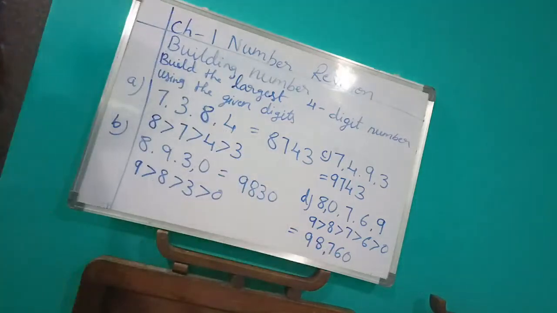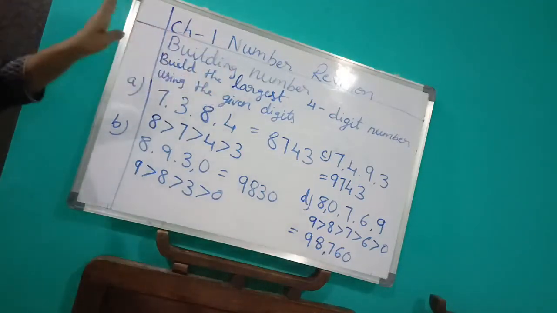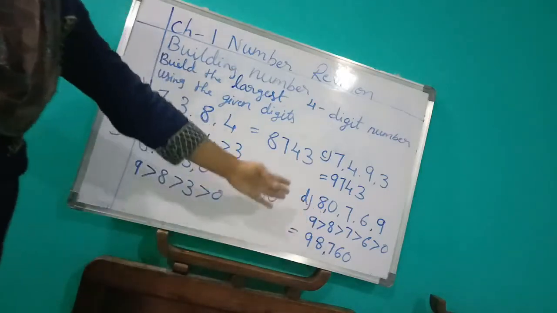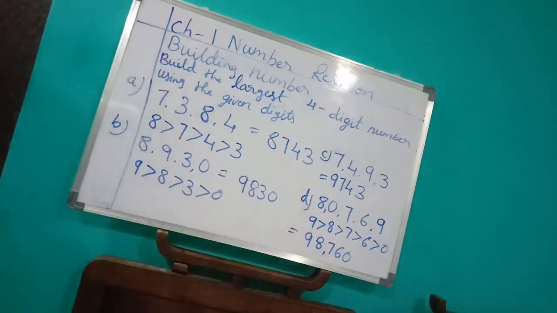Here they are asking only 4-digit numbers to build, but I gave a 5-digit number also. Okay. Write in the classwork, ma.